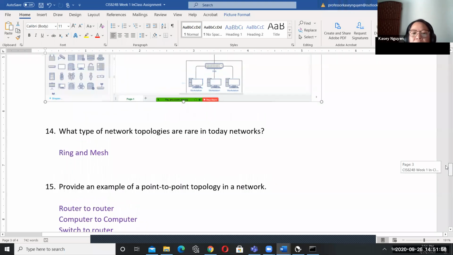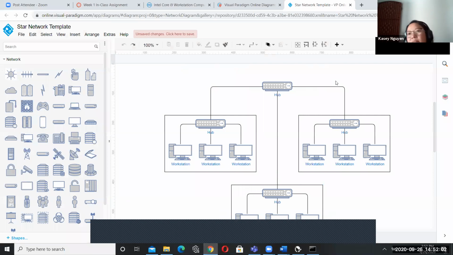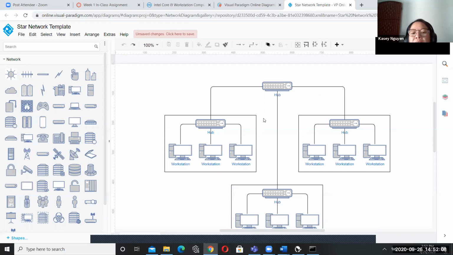So now if we go back to this star topology right here, this can also represent point to point. Remember I said that I can be sitting at this workstation, let's say number 1, and I need to transfer my data to number 6 over here.